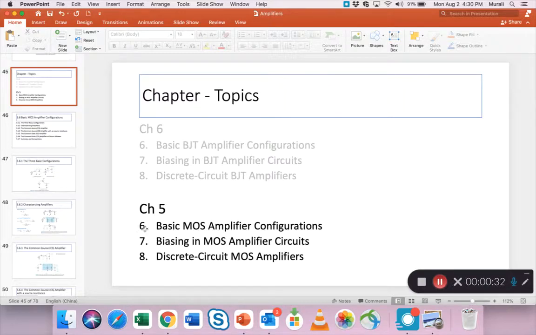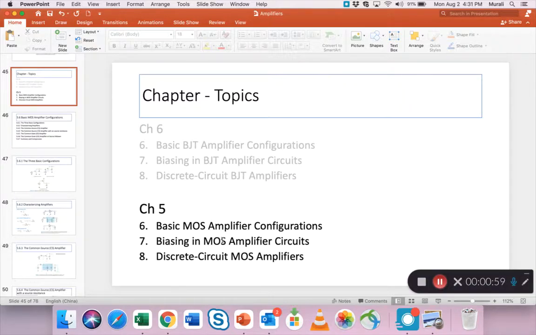Topic 6, 7, and 8. In 6, we look at the three amplifier configurations for the MOS, similar to what we saw for BJTs. We have three terminals, so the three are grounded or made common, and so you get three different configurations.